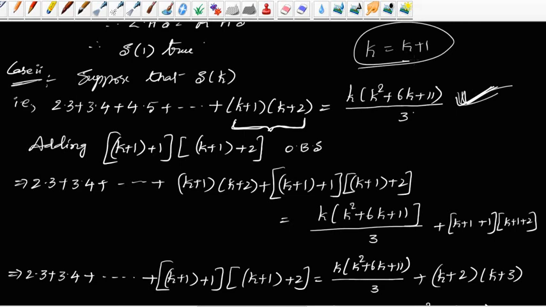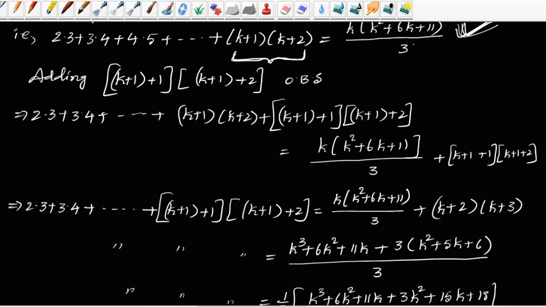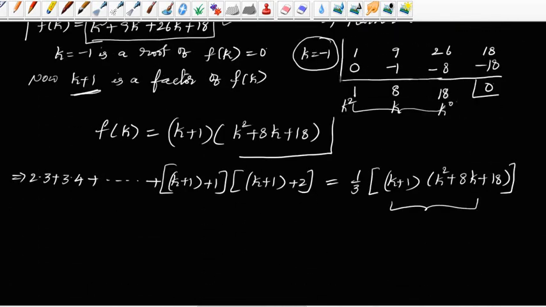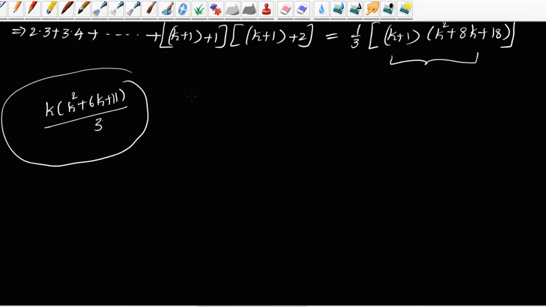If we get the same answer in terms of k plus 1, then we say that the statement is true for k plus 1. So observe that here. What is the final step here? k into k square plus 6k plus 11, by 3. Okay. So keep it in mind here.